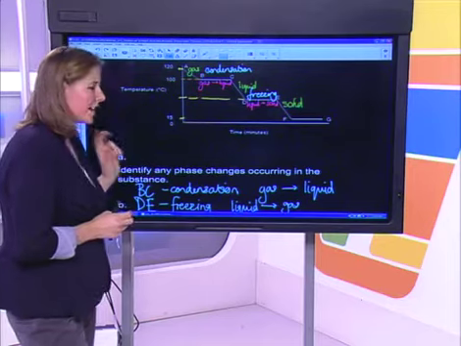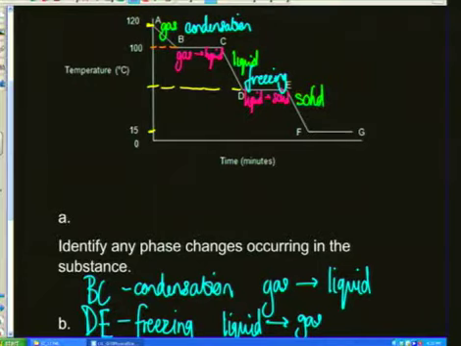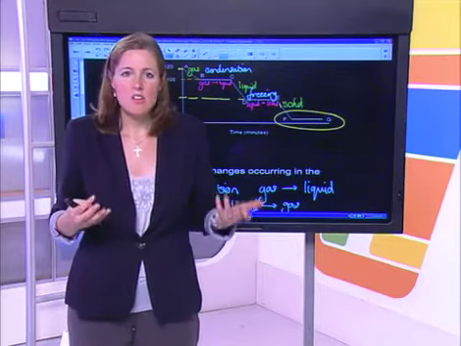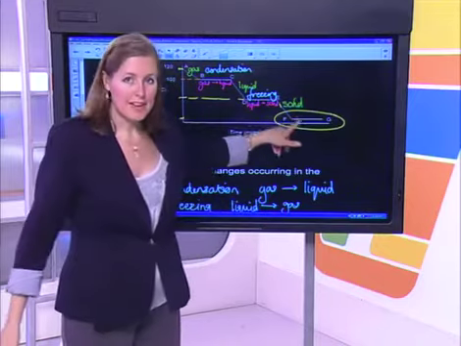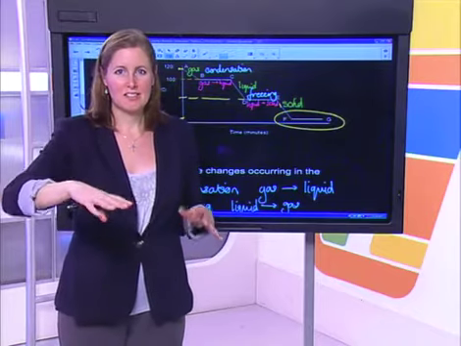But now having a look at our graph, we've identified it was a gas, it's cooled and it's condensed, so it's become a liquid. The liquid has then cooled further and has become a solid through that phase change, and now it's all a solid. But what is happening at this point down there, F to G? Are there any further states that this thing could go into? No, there aren't. It's all already a solid. So why would it be leveling out?